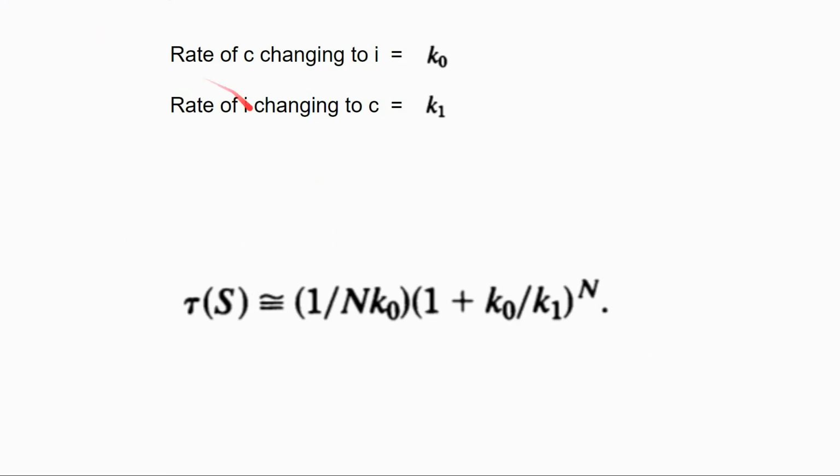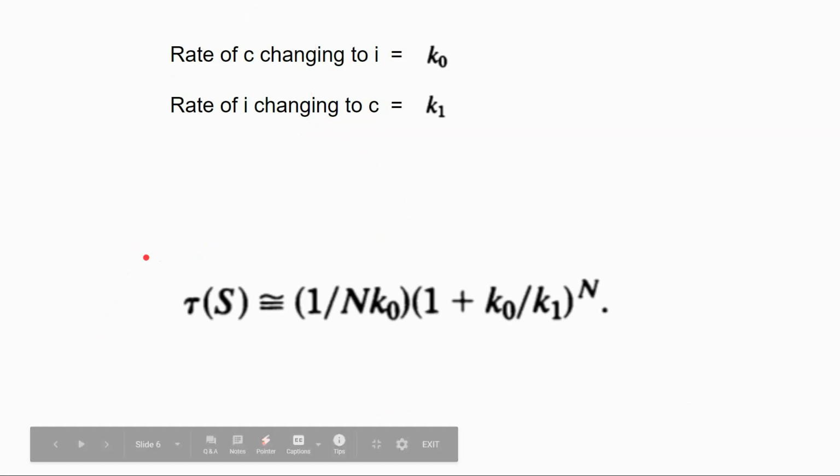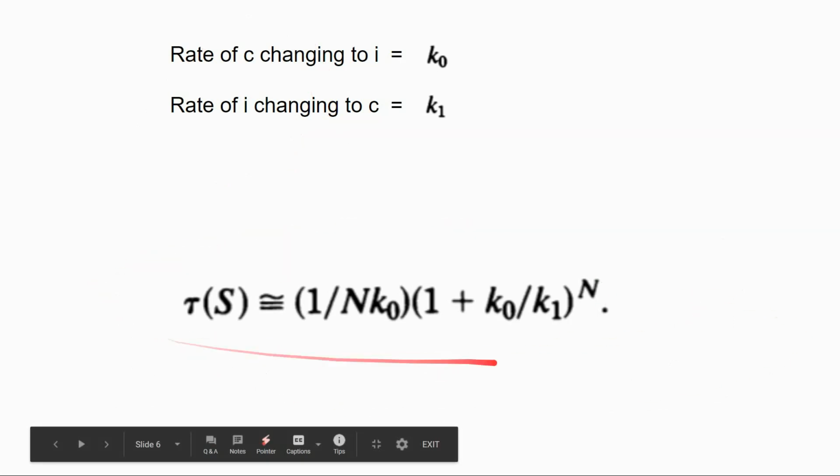So let's consider that the rate of correctly placed bonds changing to incorrectly placed bonds is k0, and the opposite rate is k1. So using all of this, we get the expression for mean first passage time as this right here.